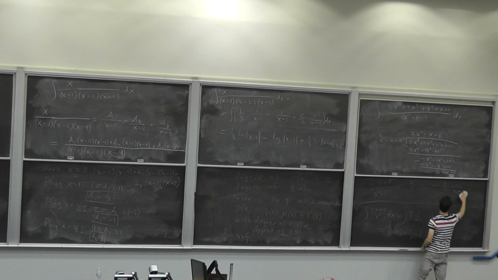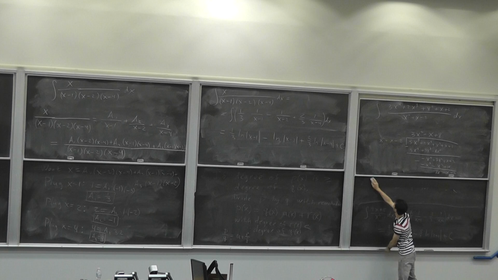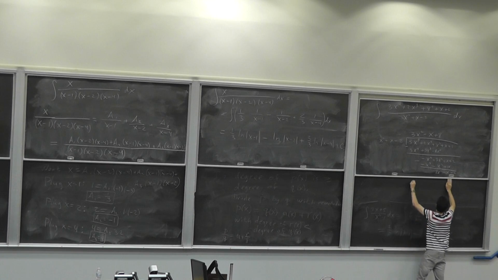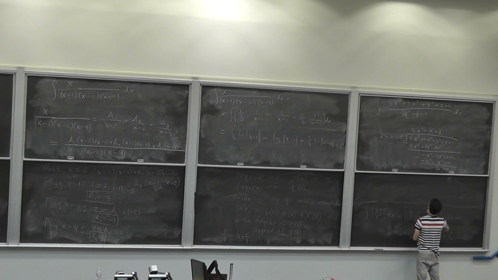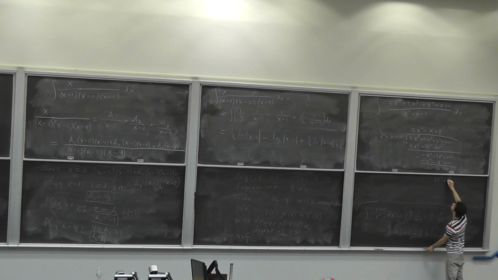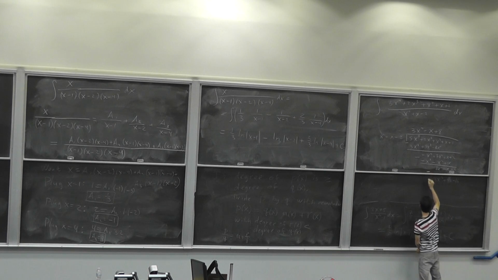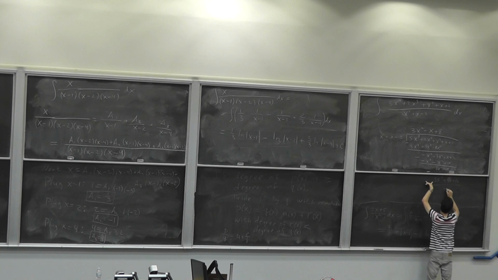I get 8x squared plus 8x minus 16. And the difference between what I want and what I get is minus 9x plus 18.